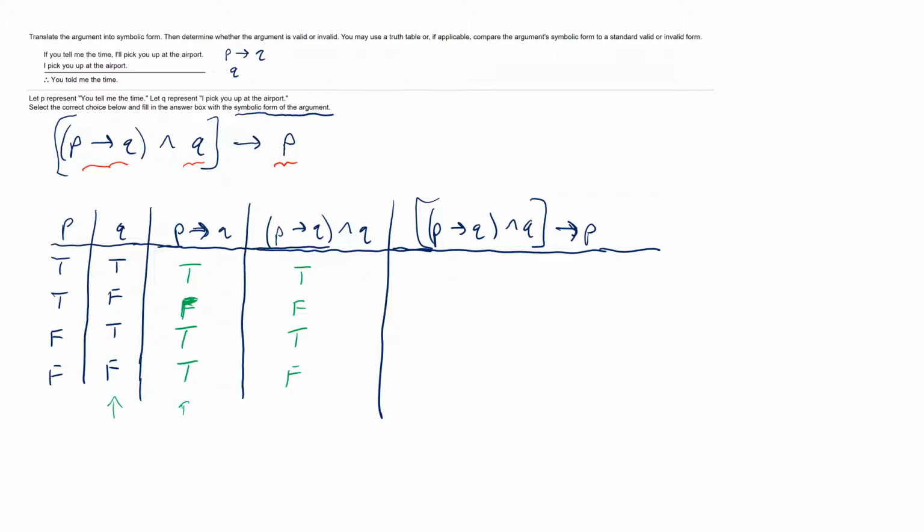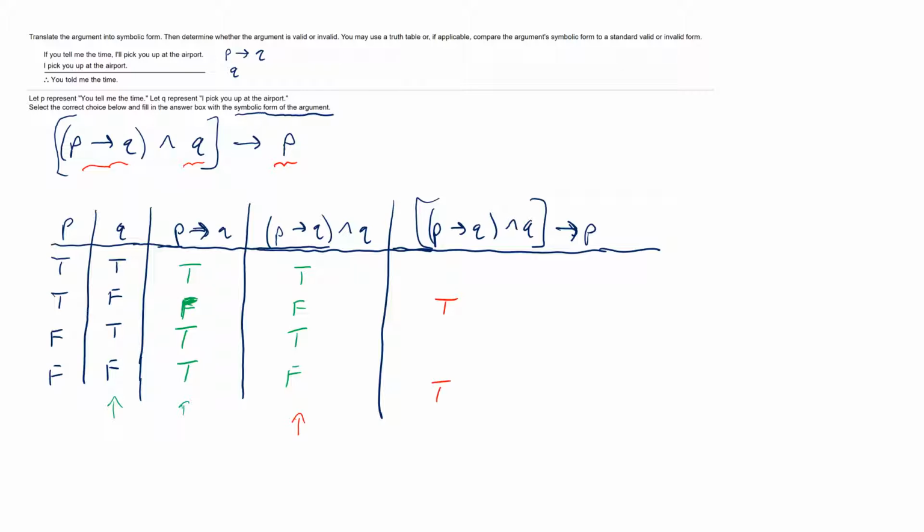Finally, the last one, this is a conditional, and so anytime the first part is false, this will be true. So I'm looking at this column. Of course, that's the first part of the symbolic form of the argument, and on the second row it's false, so this will be true, and on the last one it's false, so it'll be true.